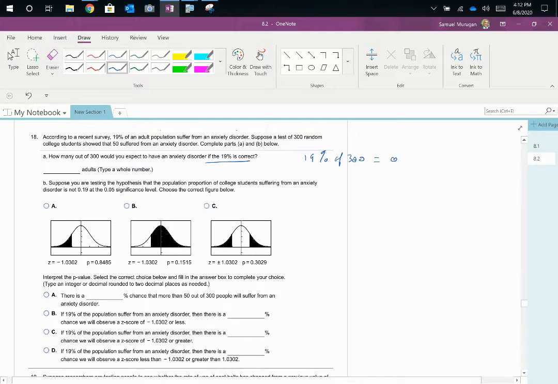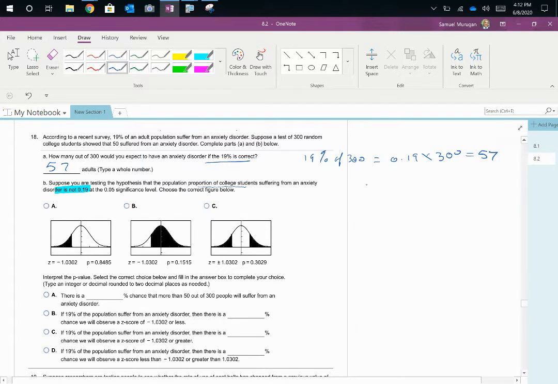is equal to 0.19 times 300, which is equal to 57. So 57 adults would be expected to have an anxiety disorder. Suppose you're testing the hypothesis that the population proportion for the college students suffering from an anxiety disorder is not 0.19.